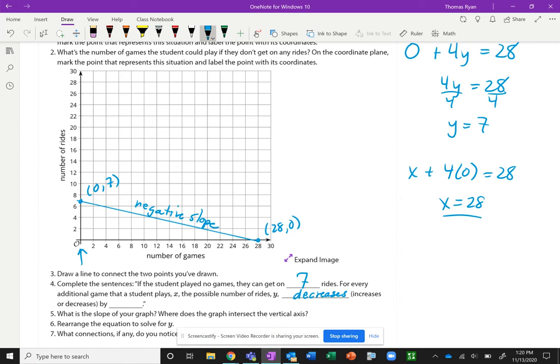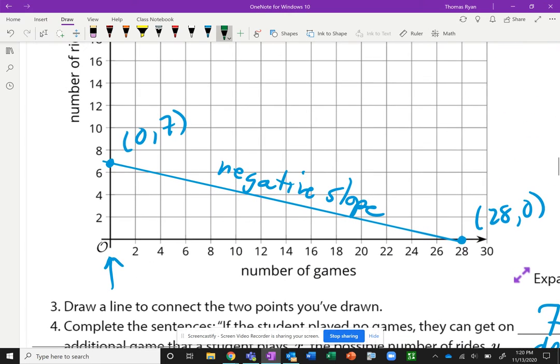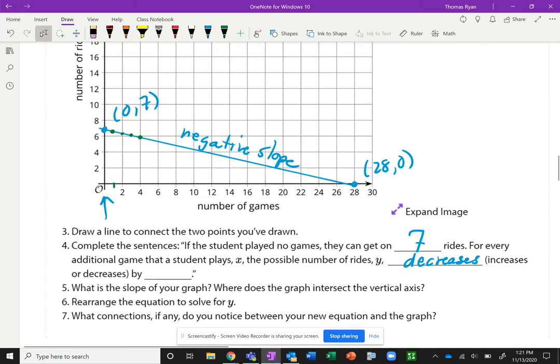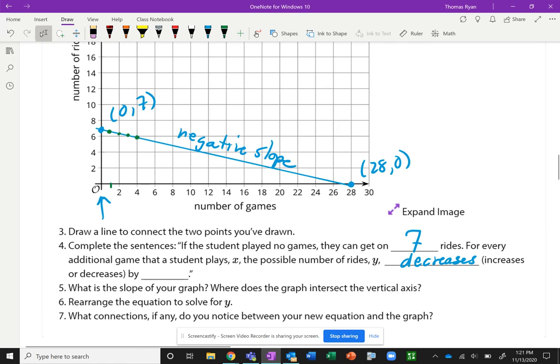And it decreases by how much? That's a good question. If we really zoom in on it here, look. As I play 1 game, it didn't really move that much. As I play 2, didn't really move that much either. As I play 3, and look what happens here as I play 4. So as you play 4 games, it decreases by 1.